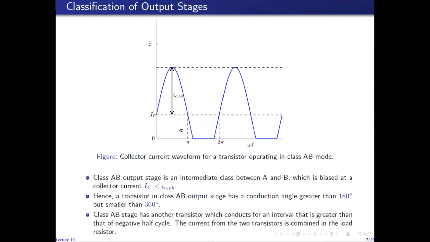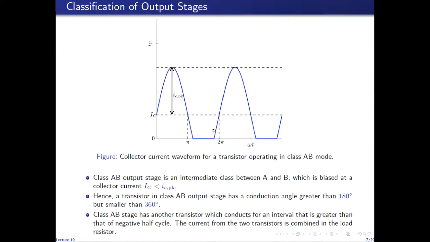Class AB amplifiers have another transistor which conducts during the negative half cycle. Just like this transistor conducts fully during the positive half cycle and partially conducts in the negative half cycle, the other transistor will partially conduct in the positive half cycle and will fully conduct in the negative half cycle.